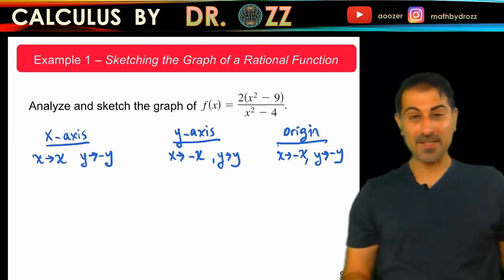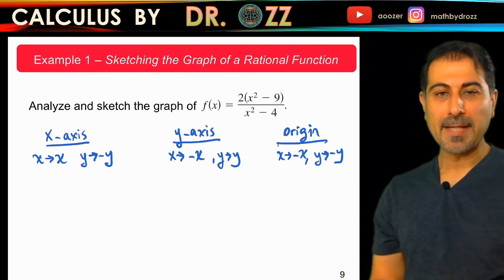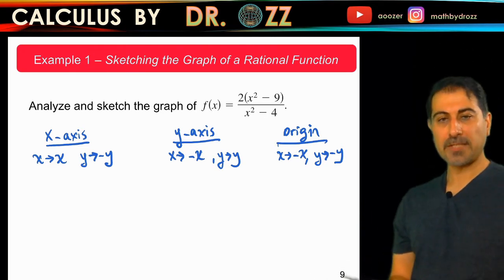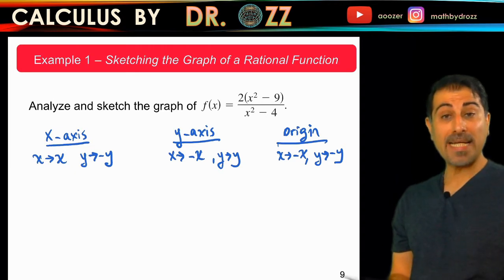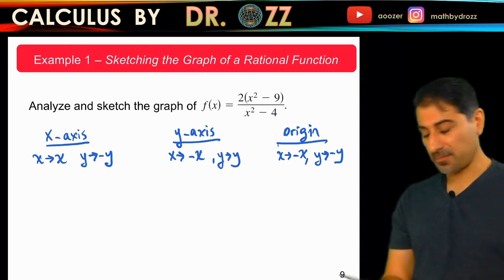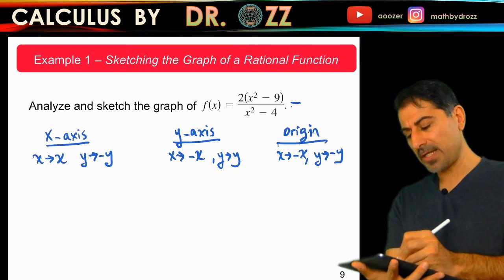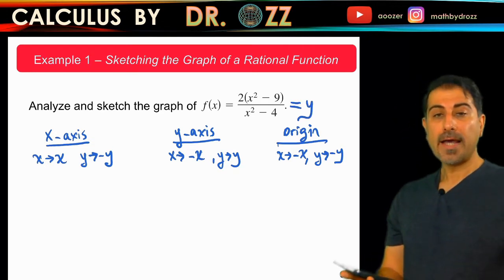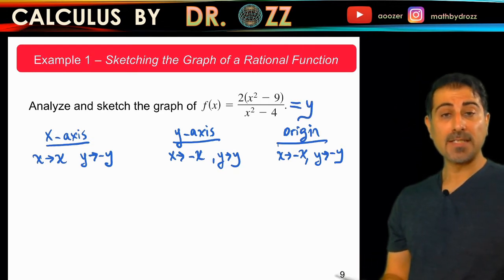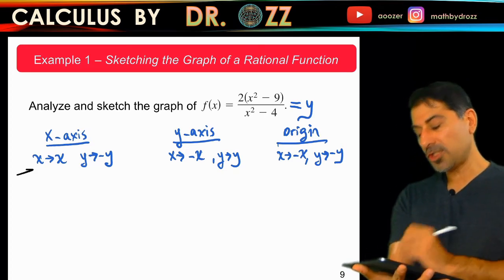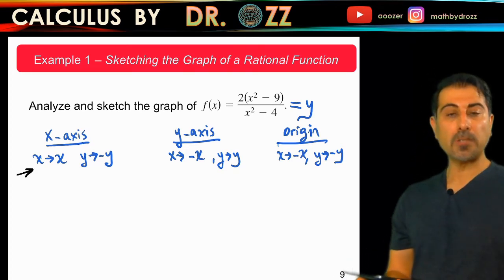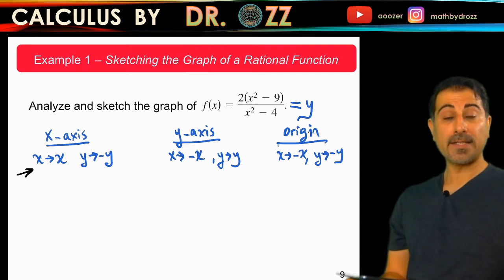And the next thing in the list is the symmetry of the graph of f. And here we go. Let's test for the symmetry. For x-axis symmetry, what we're going to do is to replace y by -y in the expression of the function. And call this one y, by the way, to start with. And if the function's expression does not change with this type of change of variables, then you can go ahead and call that you have that kind of symmetry.